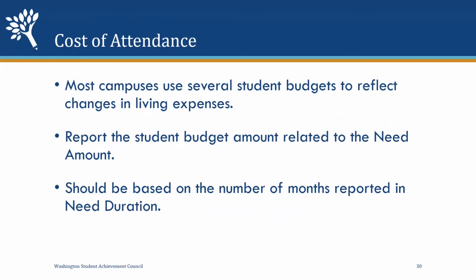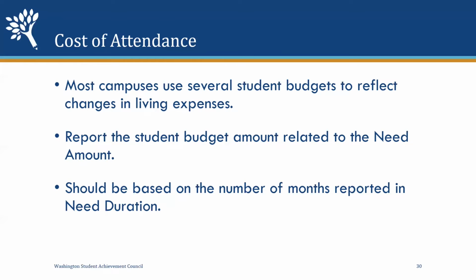So cost of attendance, you all have that. Some institutions use several budgets to reflect the changes in the students' living expenses. Report the student budget amount related to the need amount. It should be based on the number of months reported in the need duration. So cost of attendance, need duration, and EFC must align for the same number of months.